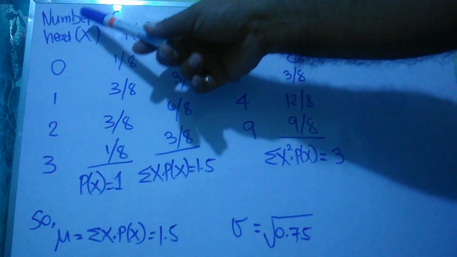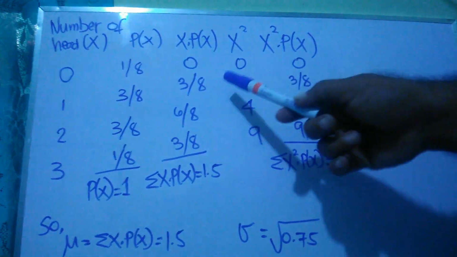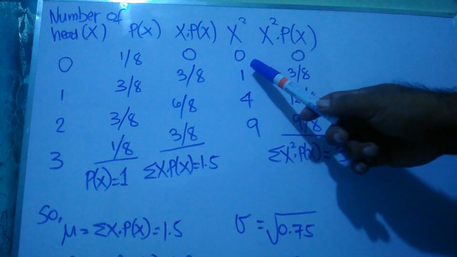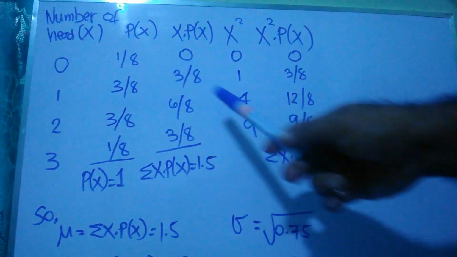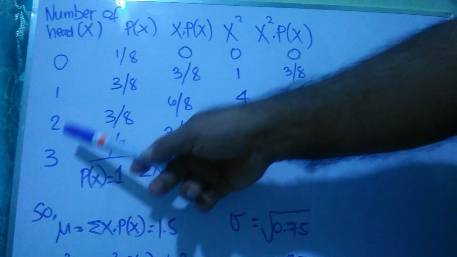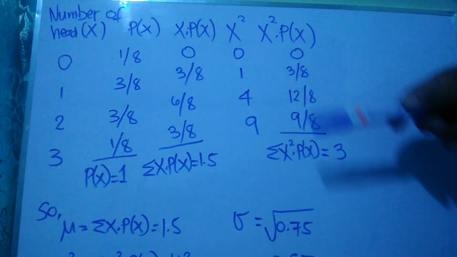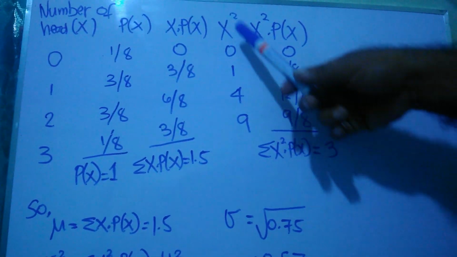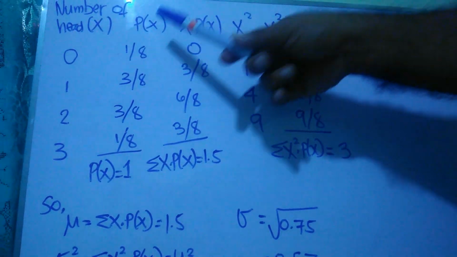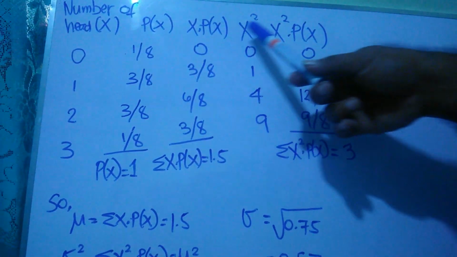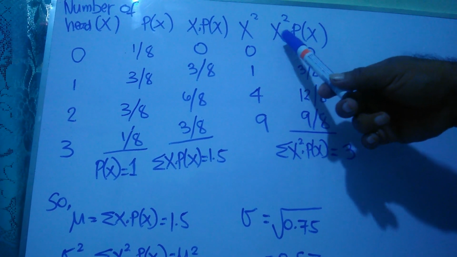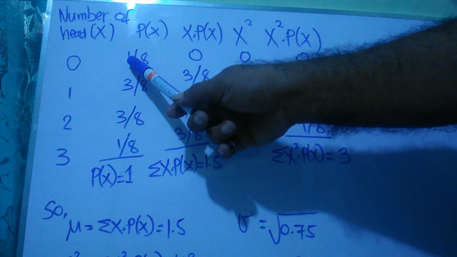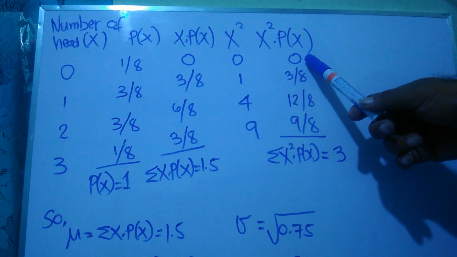Okay, the next column, you have to square the random variable x. First, 0 squared is 0, and 3 squared is 9. Then the last column is x squared times the probability of x. 0 times 1/8, the answer is 0.